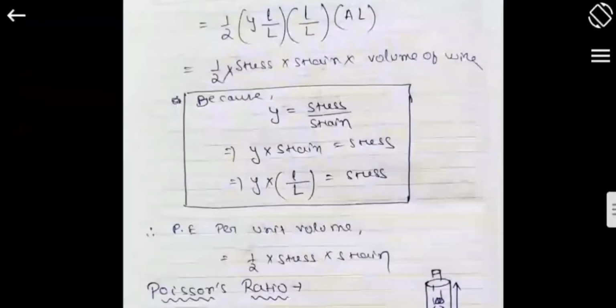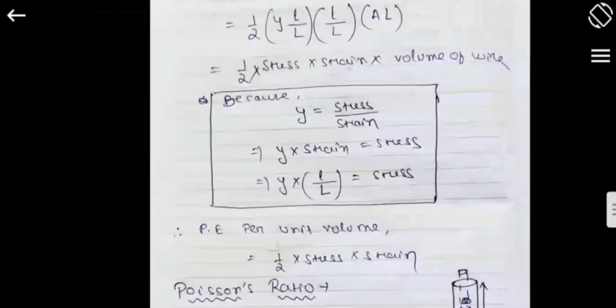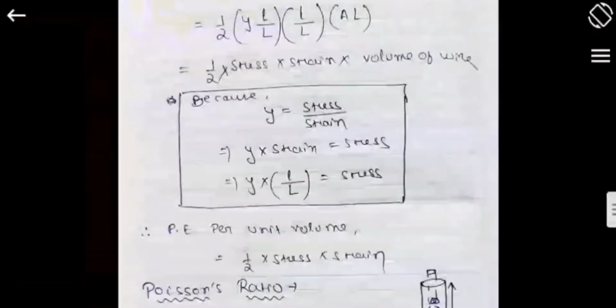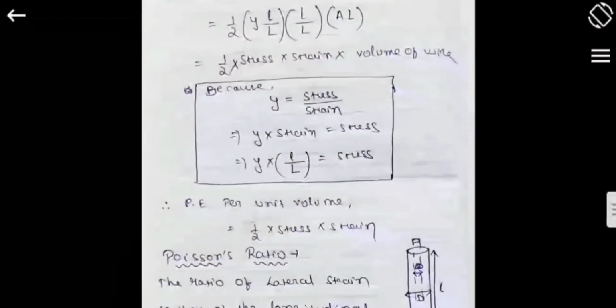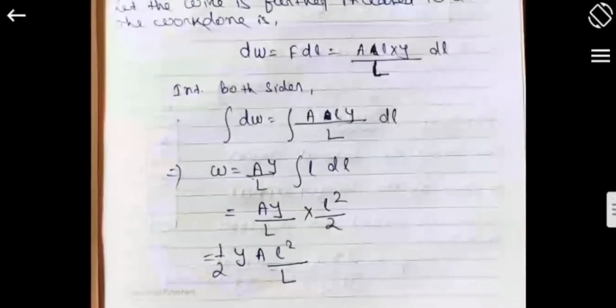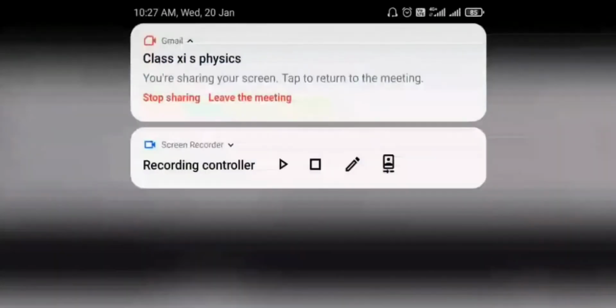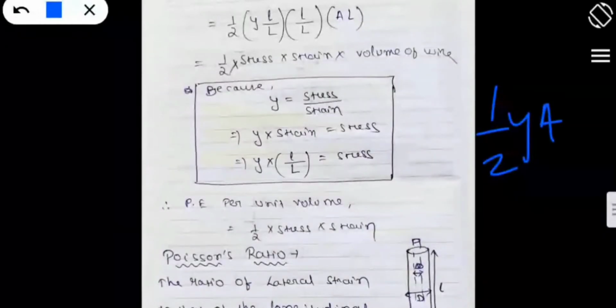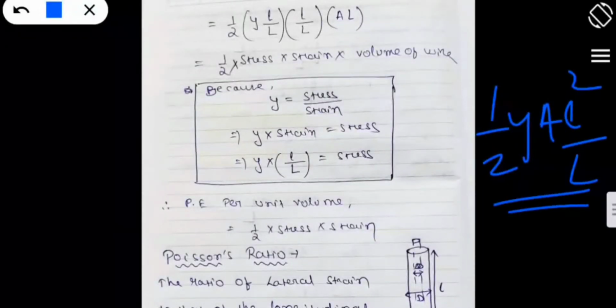Are you observing? Half into Y into A, l squared divided by L. So this is the thing that I am going to write.